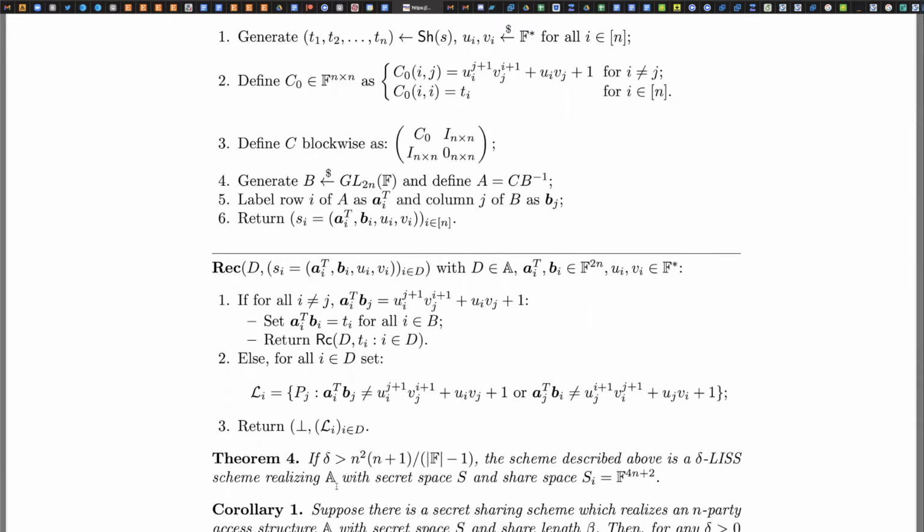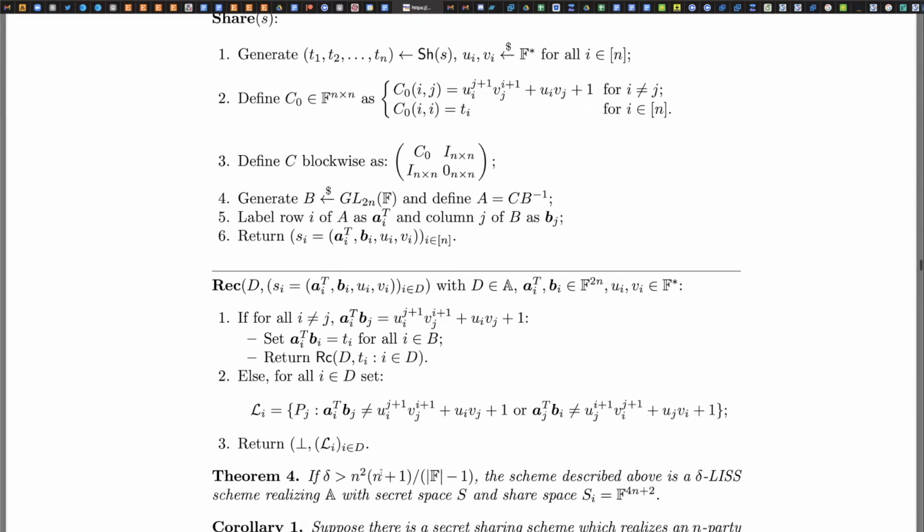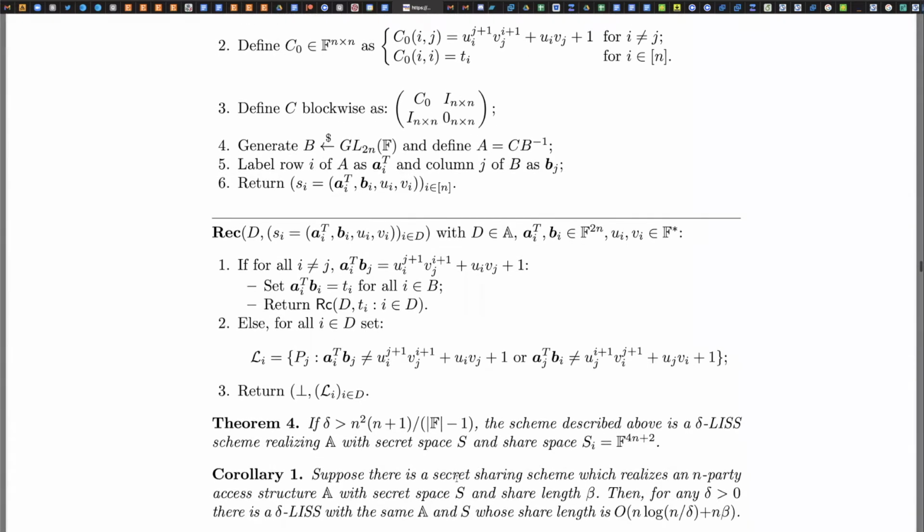And then they show that as long as delta is greater than n, where n is the number of shares you divide the secret up into, so it's n squared times n plus 1 over the size of the field minus 1, then you get the secret sharing property. And they're providing some kind of proof for that, right? That's exactly right.